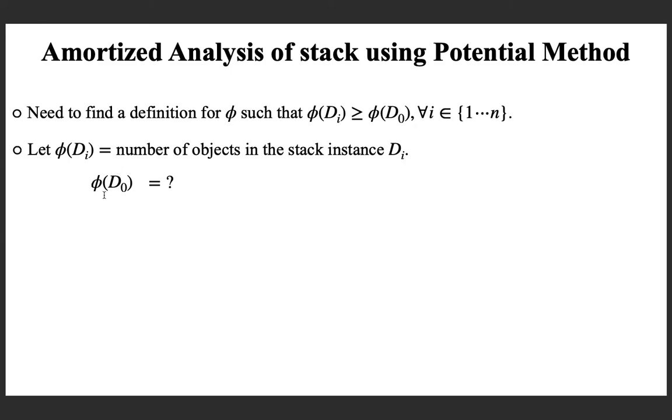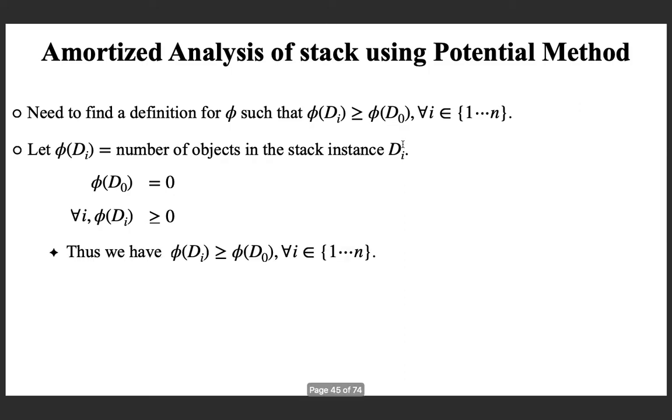It is the number of elements in the initial stack, which is 0. Initially nothing is there, so we define this as 0. And what is the potential of the ith instance for all i? It is the number of elements on the stack, and that must be greater than or equal to 0. So, the correctness criterion is met.